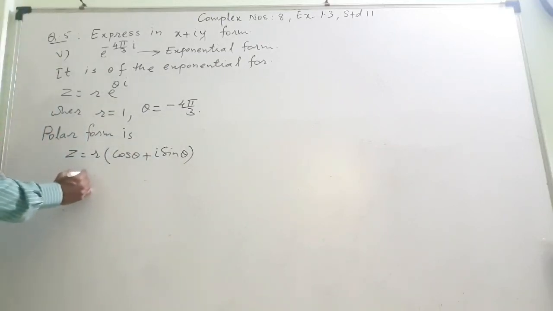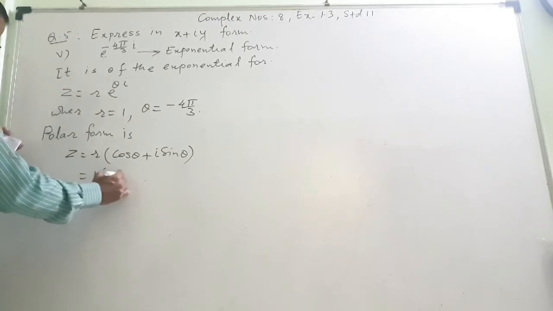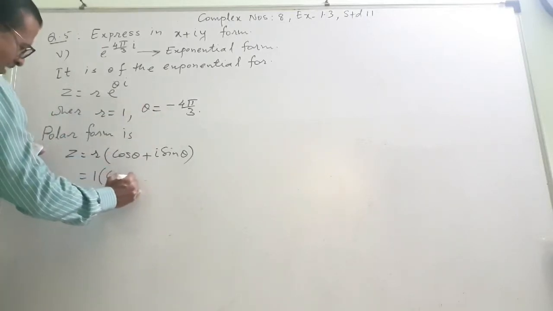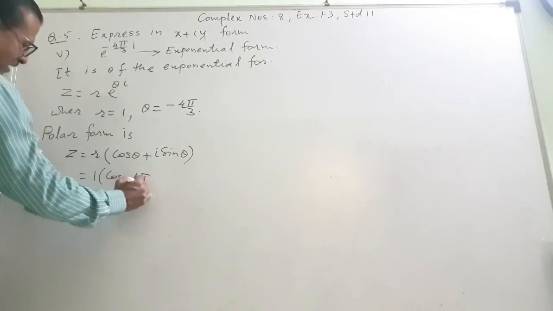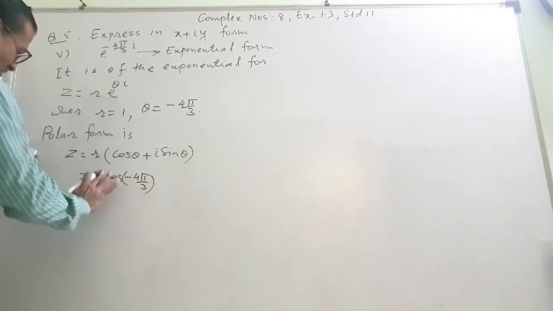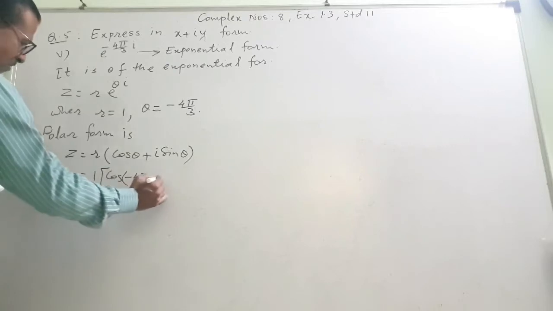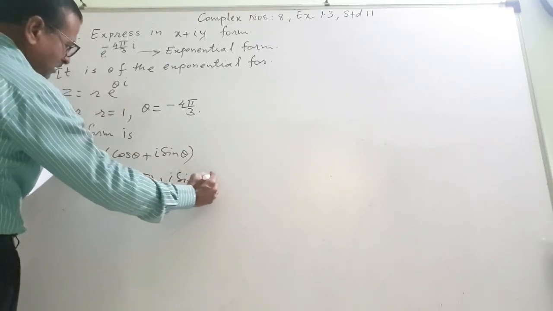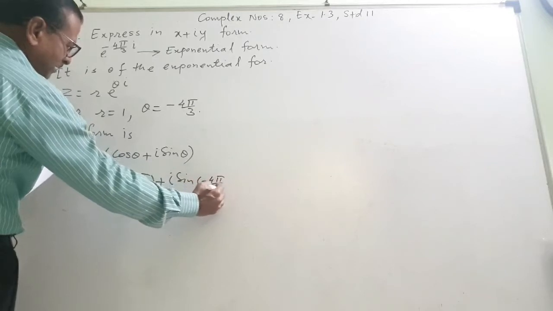So that is equal to r is 1 into cos of theta, where theta is minus 4 pi by 3, plus i sin of minus 4 pi by 3.